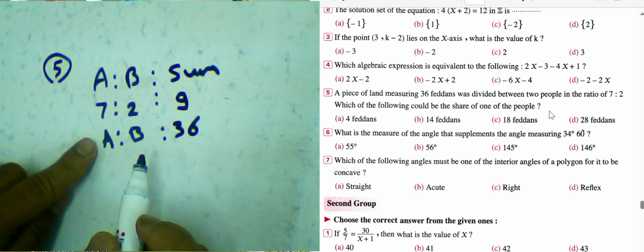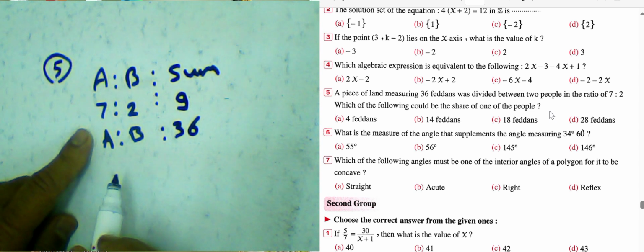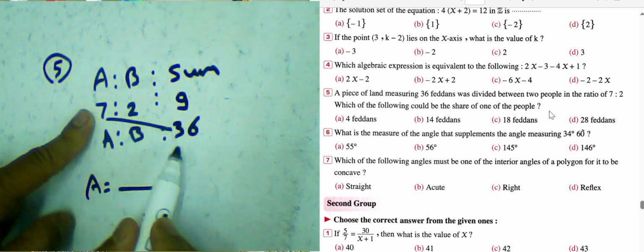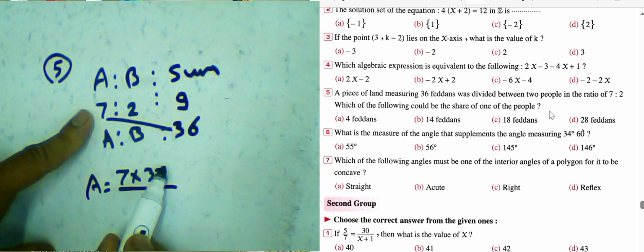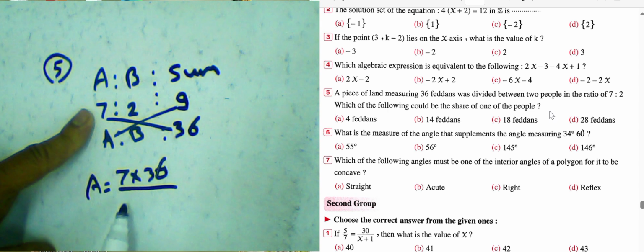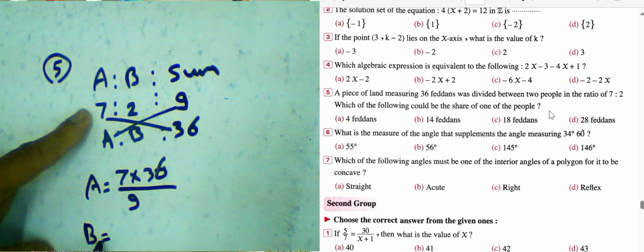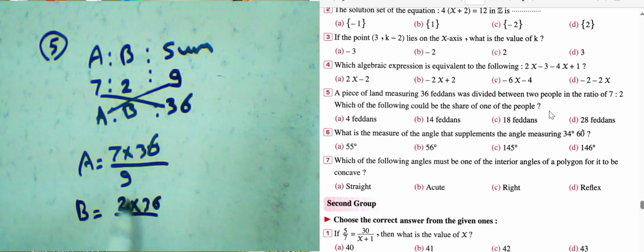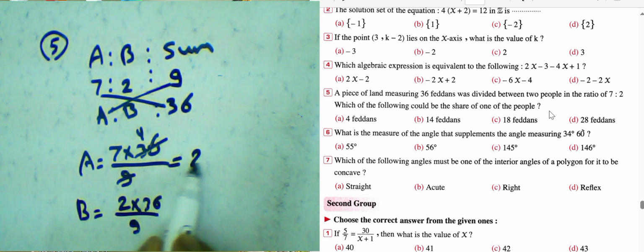A here is the share of the first person. We can write 7 product by 36 over 9. And the share of the second person, B, equals 2 product by 36 over 9. We know 36 divided by 9 is 4. 4 times 7 equals 28.